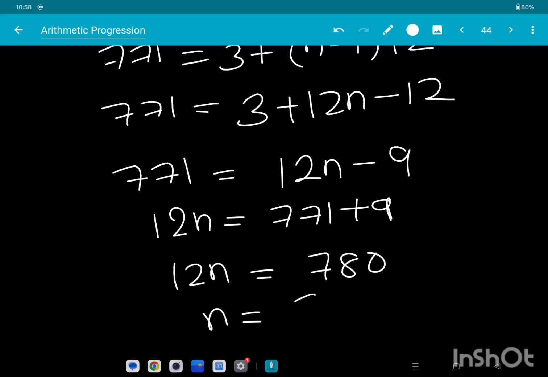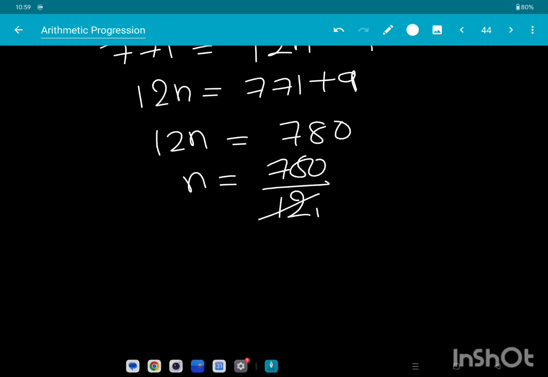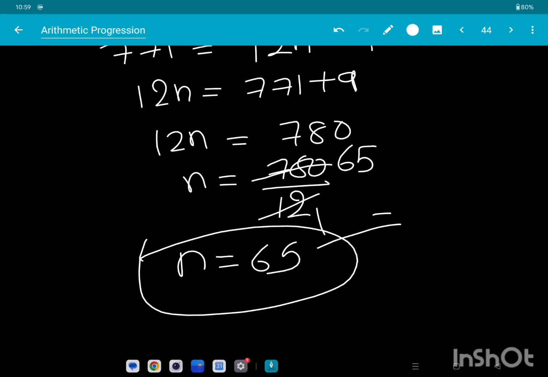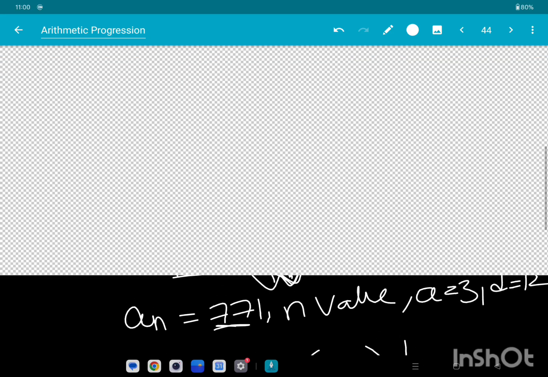n is equal to 780 divided by 12. 12 ones are 12, 12 6s are 72, I will get 6. 12 5s are 60. So n is equal to 65. So the 65th term is the term we get if we add 132 to the 54th term. You got it, right?